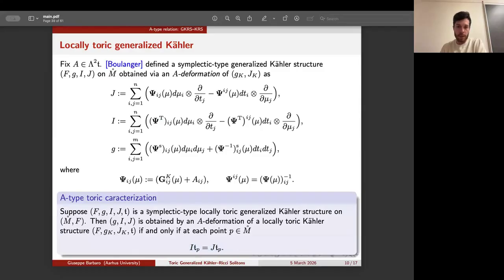So if you have your symplectic type locally toric generalized Kähler structure, then this is coming from a Kähler one using this A-type transformation if and only if you have this condition. And we saw that this condition is holding in the rank 2 case. So in the rank 2 case, we know already that the structure is coming from a Kähler one.